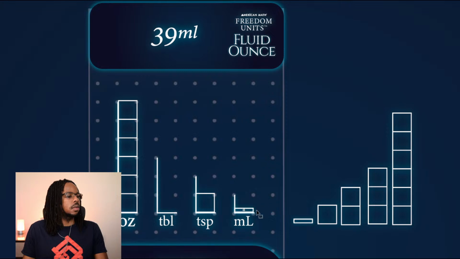So it'd be 1 milliliter, 2 milliliters, 3 milliliters, and 4 milliliters. And make sure: 30, 35, 36, 37, 38, 39. Boom. Okay, we have 39 milliliters, or in other terms, 1 ounce, 1 teaspoon, and 4 milliliters.